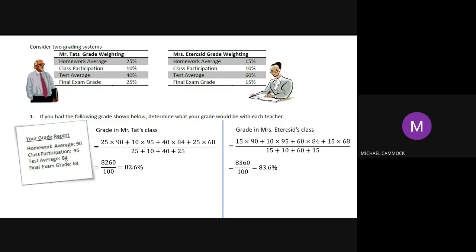The test mark was 84%, so that would have made her mark higher than in Mr. Tat's class. He puts a lot more weight on the exam. The exam mark wasn't great at all, and she doesn't put as much weight on the exam. That's why the mark is higher on her weighting system. Not a big difference, but there's some difference. So when you adjust weights, you can actually change the mark. I hope you know this. This goes for these two people we're talking about, and it also goes for you when I'm working out your mark.